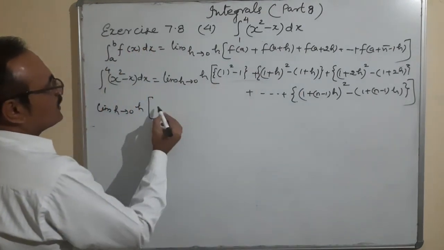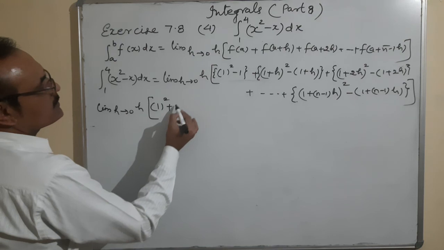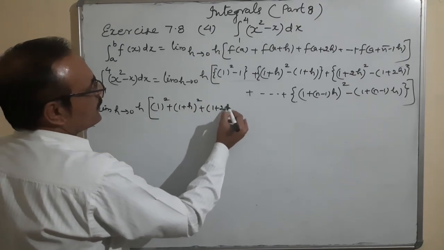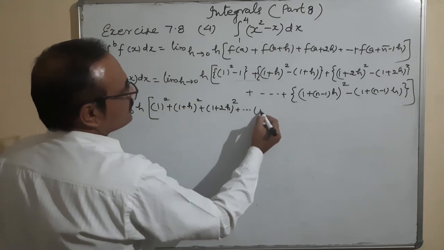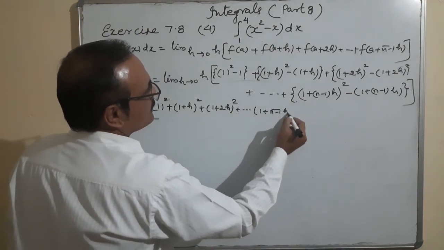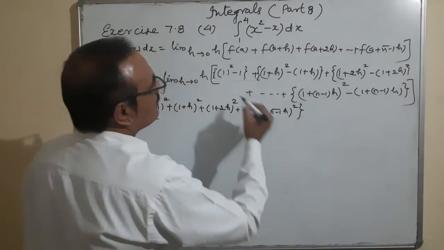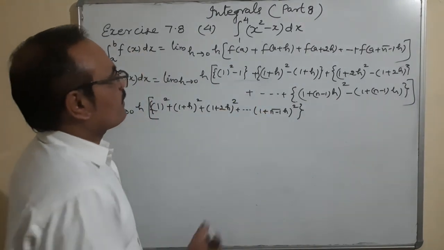First term is 1 square plus 1 plus h square plus 1 plus 2h square plus up to 1 plus n minus 1 into h square. That is the collection of the first term.